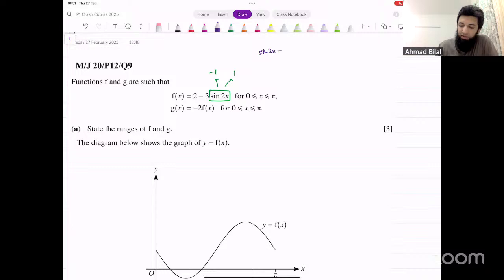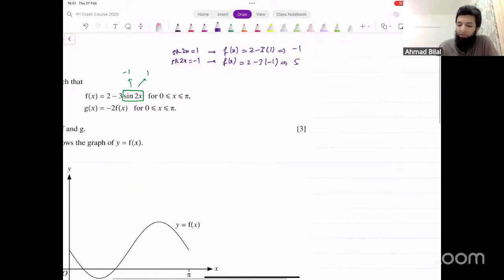Input sine 2x as 1, and then as -1, and see what the function gives you in both cases. 2 minus 3 into 1 is -1. 2 minus 3 into -1 gives us 5. So the range of the f of x function is from -1 to 5.